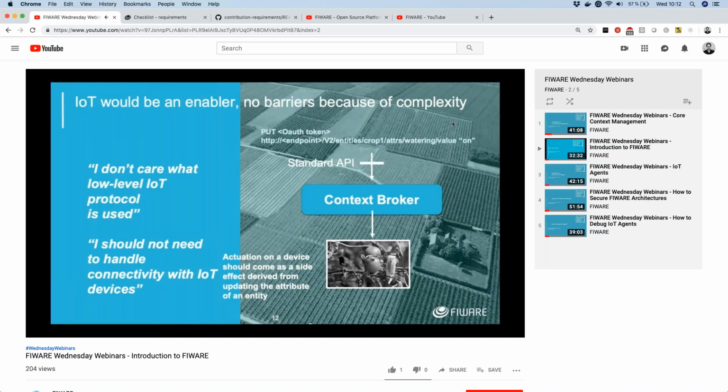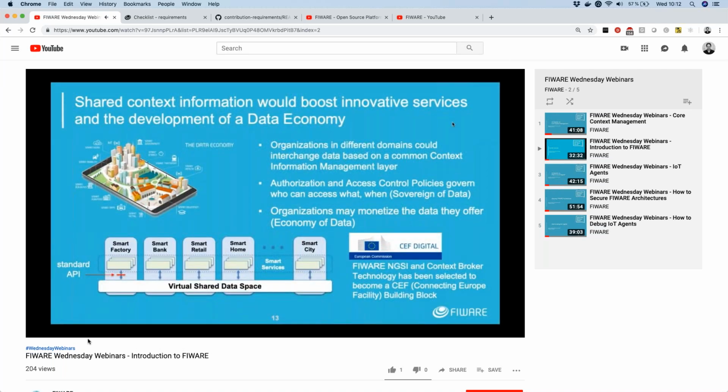So once again, it's a simple real-world example which people are able to understand. And this is one of the ones which I always use, because when you're trying to get the concepts of FIWARE over, you need to be able to do it in such a fashion that people can understand what the options actually are.